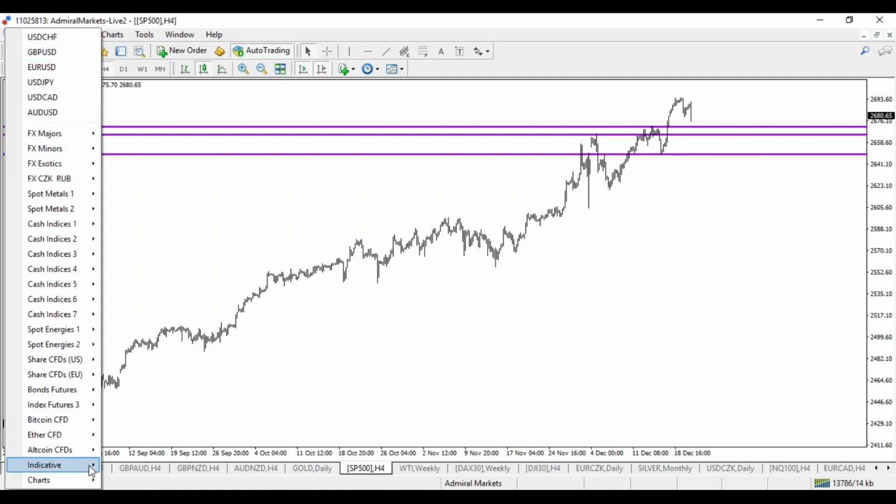Flavius is referring to a different index. Let's open that. Let's see, where is that? I've got to look where. Yeah, of course, this one. Here we go.